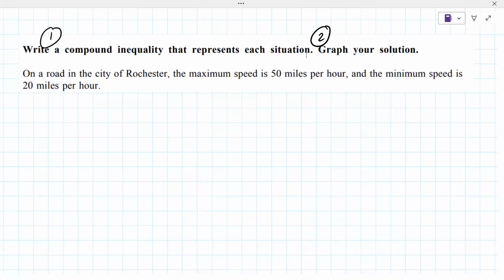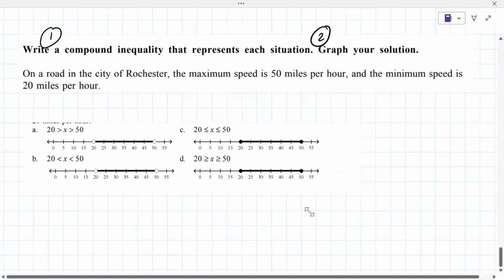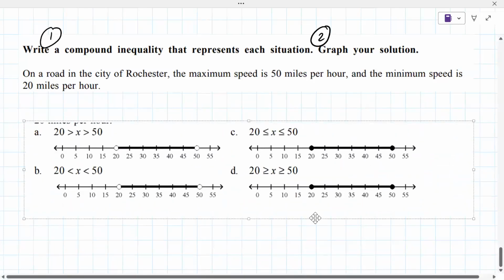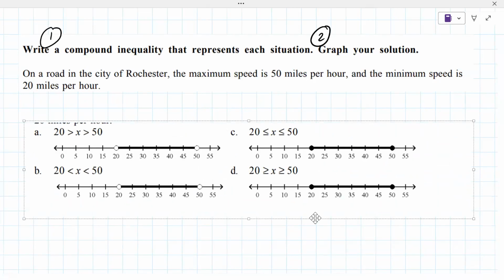All right, let me, actually I grabbed that from the wrong one. Which, now that you've got it down here, let me ask you which of the answers it is here. All right, so which of these is correct?